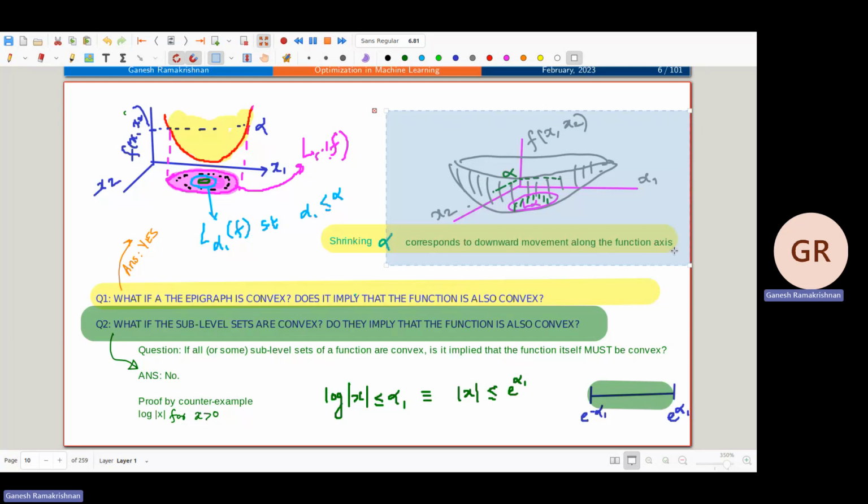However, the sublevel set L_alpha f is convex for all real alpha if f is convex.